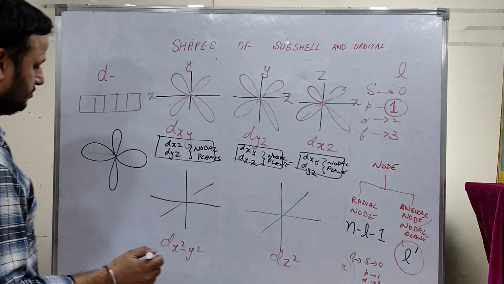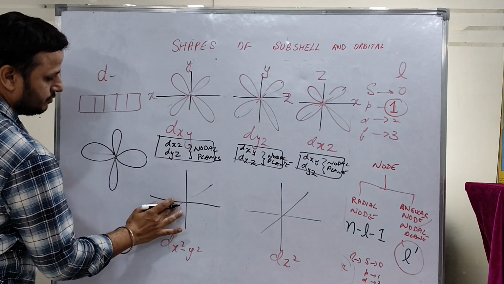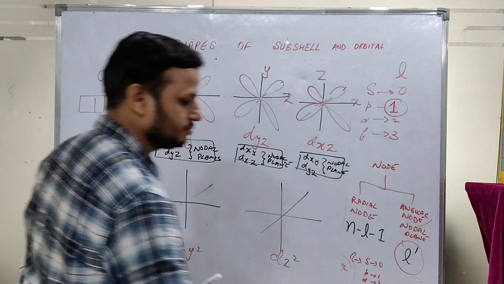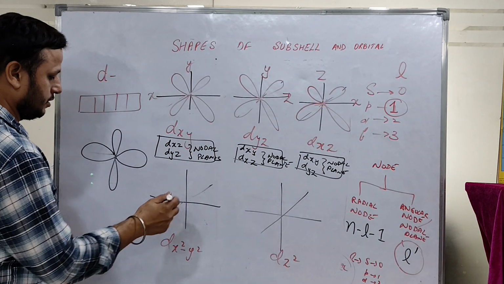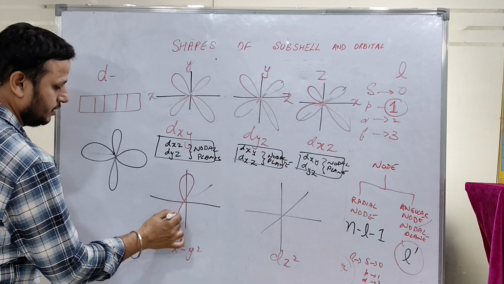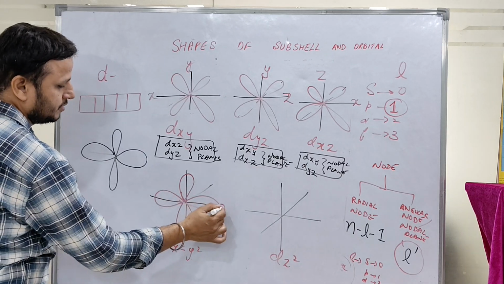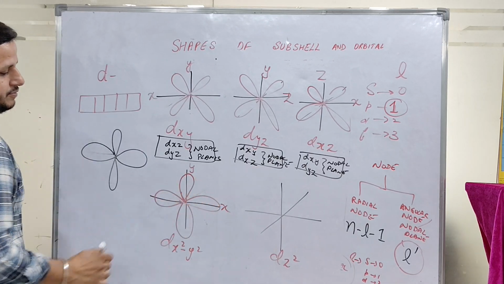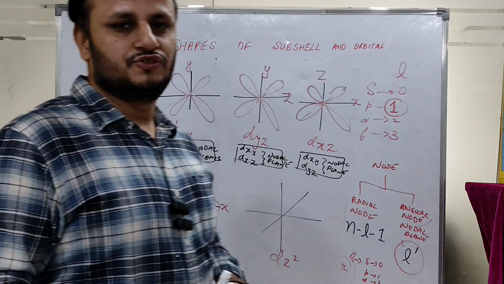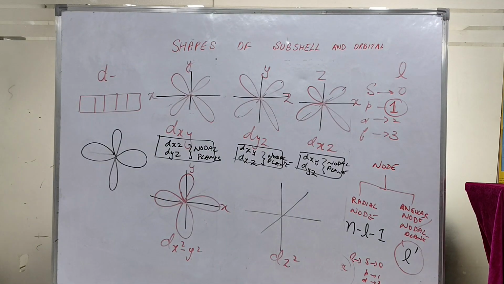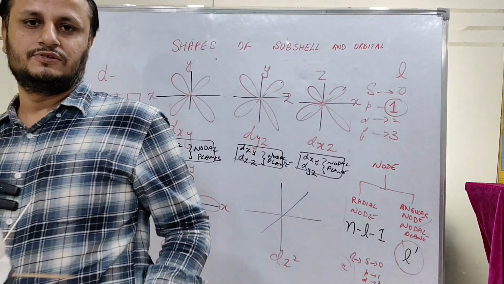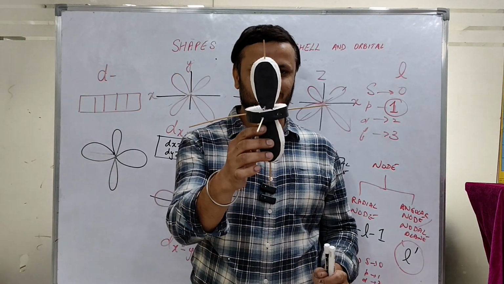This is x square y square. The lobes lie along the x and y axes. So this is the shape of dx square y square, and this is dz square.